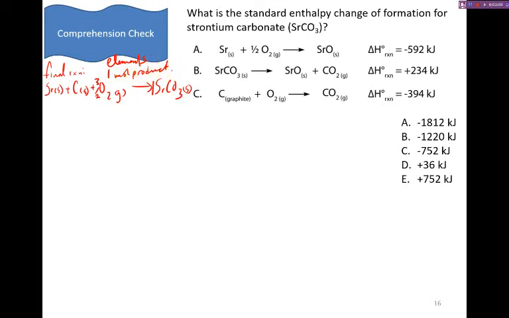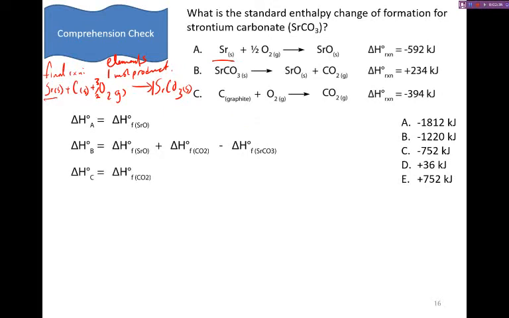So, knowing that, we can take reaction A as is, because we want to have strontium on the left. Reaction B, we need to take and reverse in order to get strontium carbonate as our product. And then reaction C we can leave as is, because that's going to give us the carbon that we need.